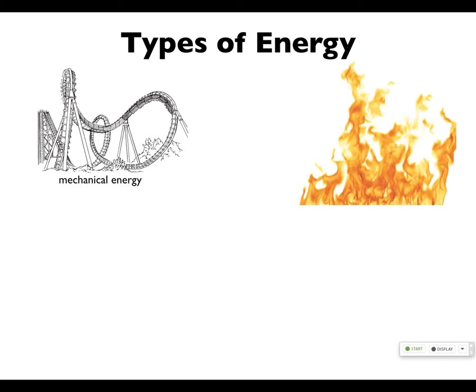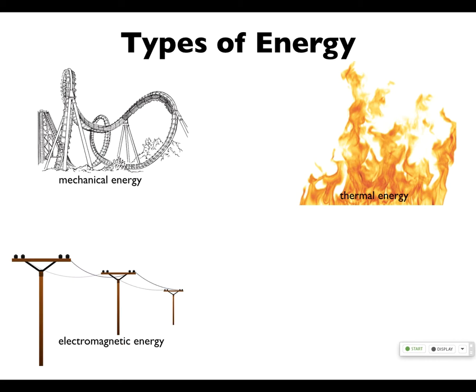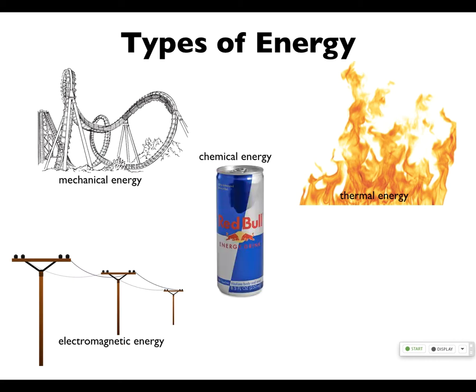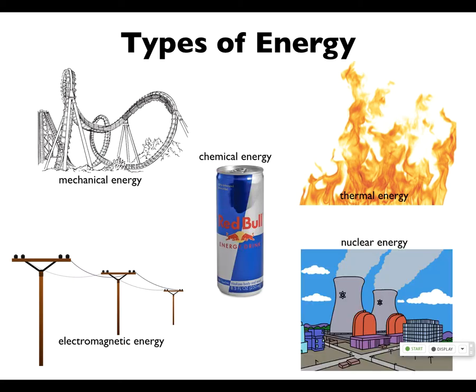But thermal, we have mechanical energy, right? We have thermal energy. We have electromagnetic energy. We have chemical energy and nuclear energy. Okay, and pretty much anything can be categorized as one of these types of energy, depending on your perspective. Now, we're primarily going to be talking about mechanical energy.